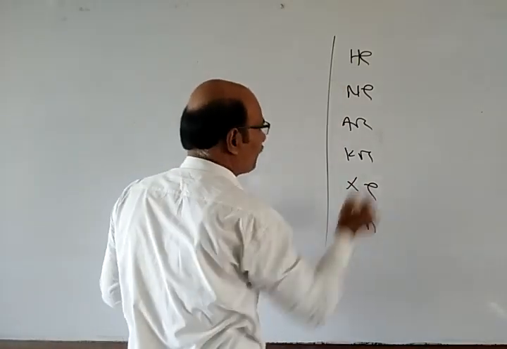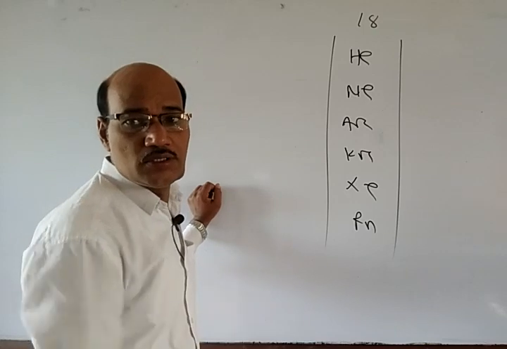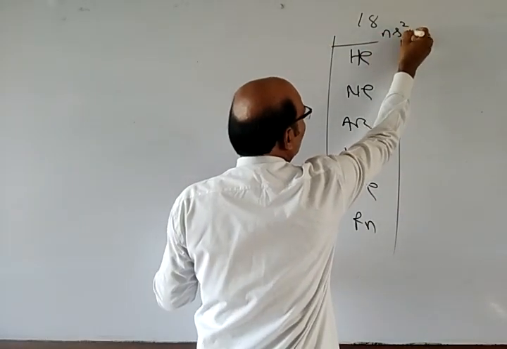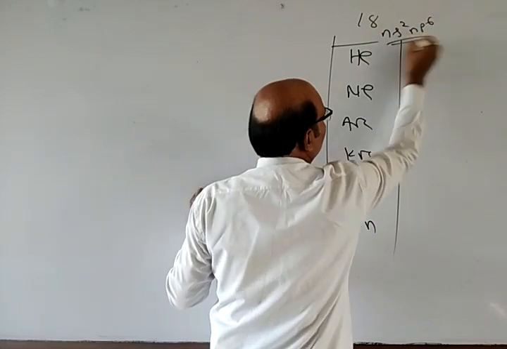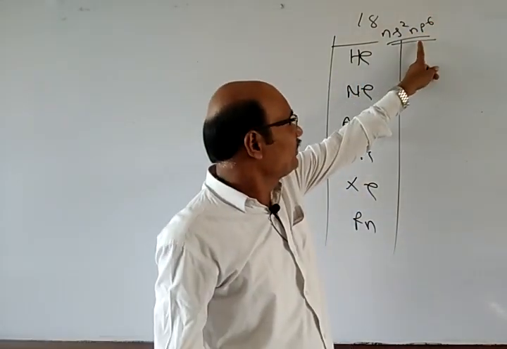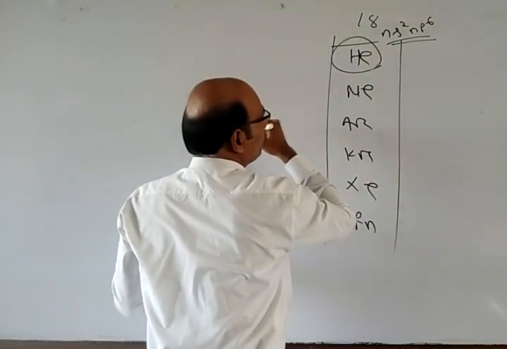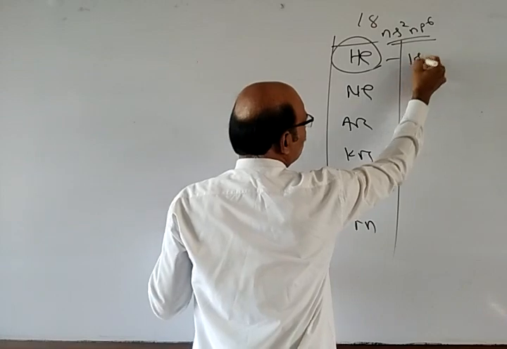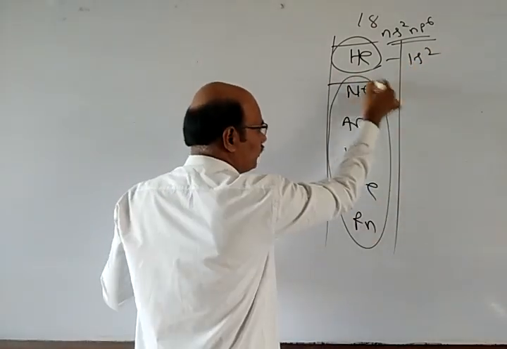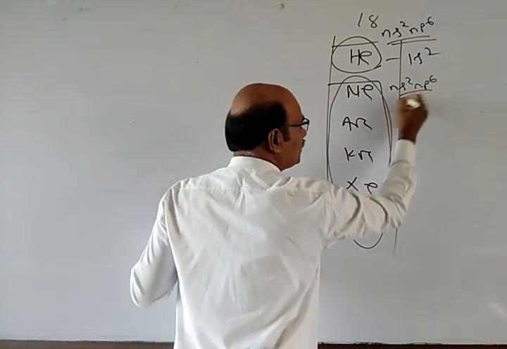Here we have seen the ns2 np6 configuration. Helium has only 1s2, but in all the other cases these elements have ns2 and np6 electronic configuration.